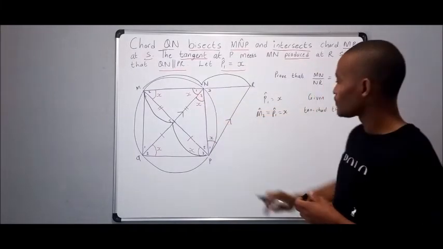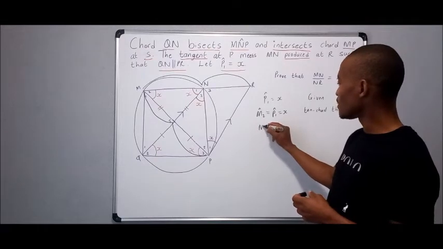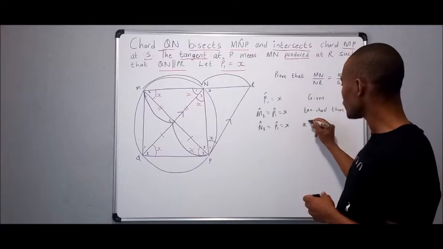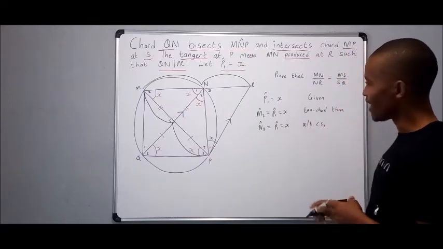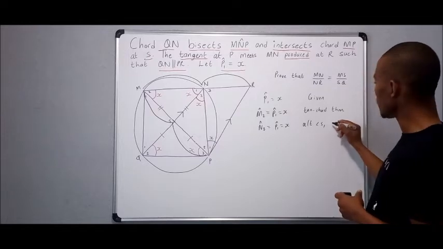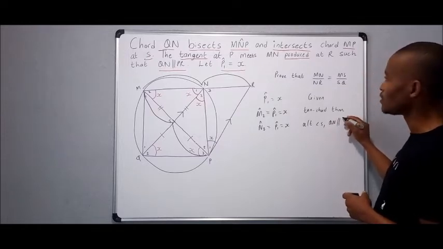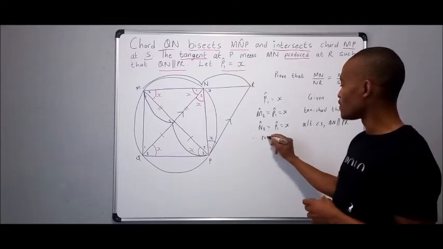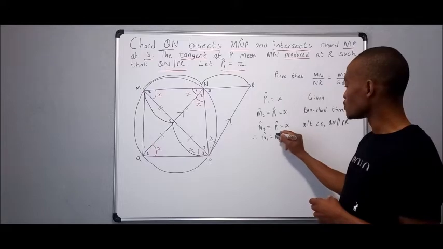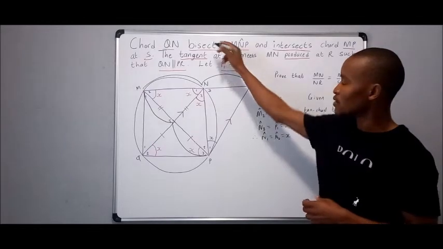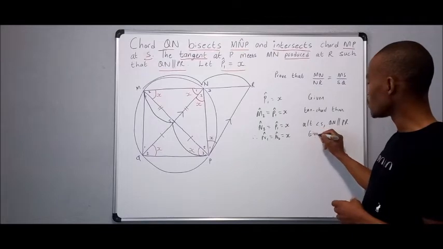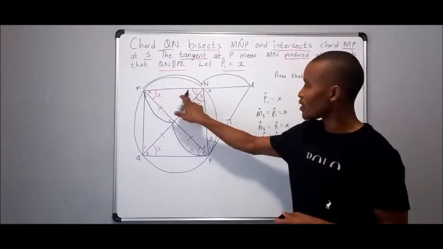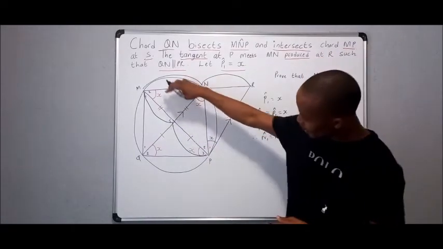We have angle N2 equal to angle P1, also equal to X, by alternate angles because QN is parallel to PR. Therefore we have N1 also equal to X, and it was given in the question that those two angles are equal.